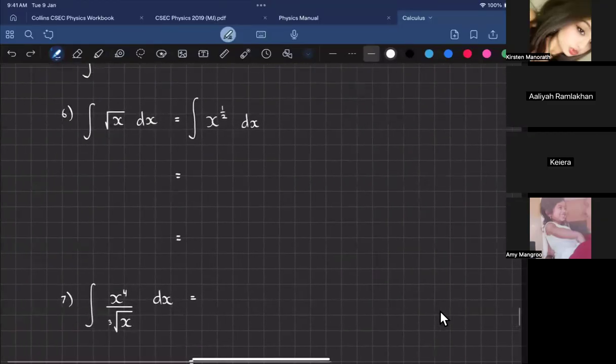I add 1 to the power and I get x to the power 3 over 2 over 3 over 2 plus c. Right. But we need to simplify this. What is 1 over 3 over 2? Imagine if I had 1 over a half. What is 1 over a half?